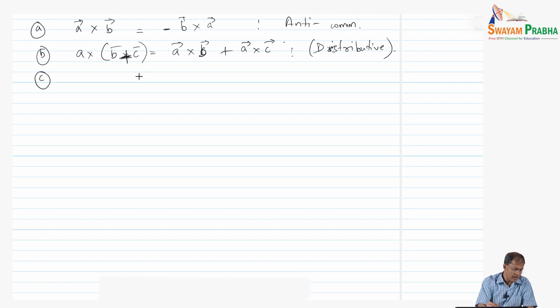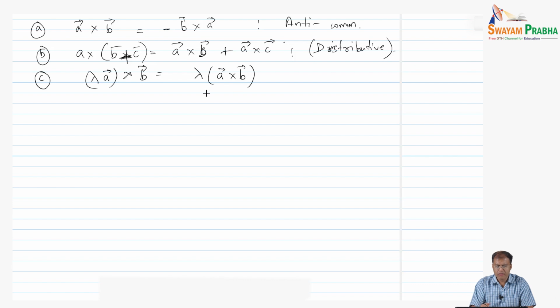And then the scalar multiple of A cross with B is given by lambda times A cross B. The scalar multiple of A cross with B, we can take this lambda out and we can first take the cross product.